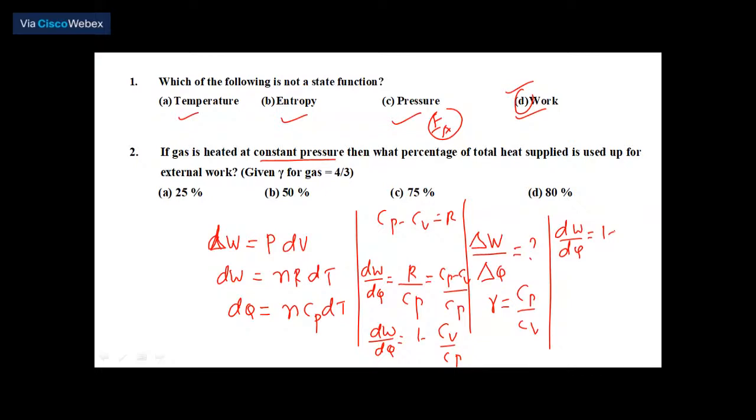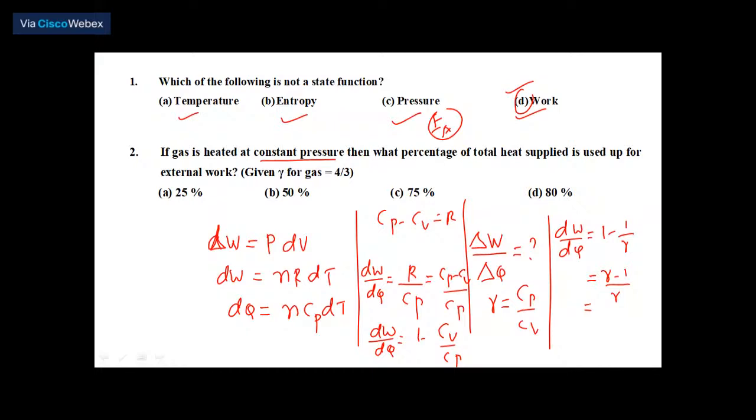Therefore, Cv divided by Cp must be equal to 1 by gamma, right? So this is gamma minus 1 divided by gamma. Gamma is given 4 by 3, so 4 by 3 minus 1 divided by 4 by 3 gives us how much?